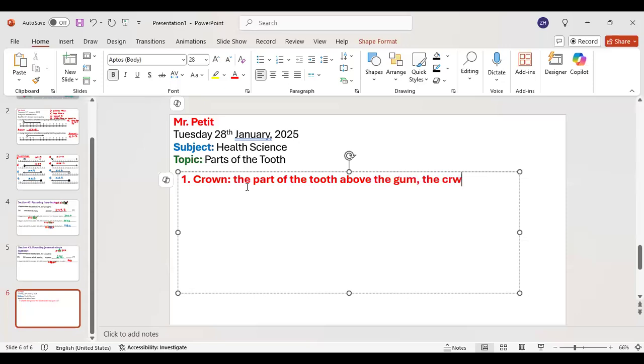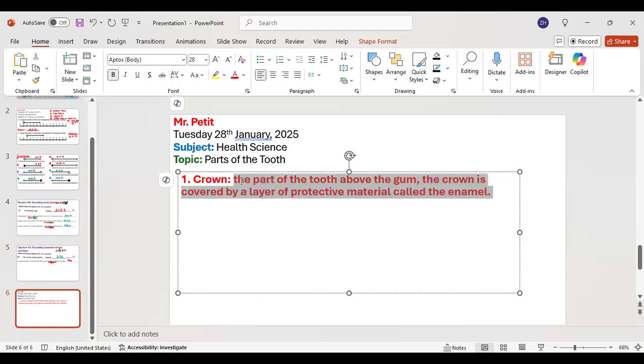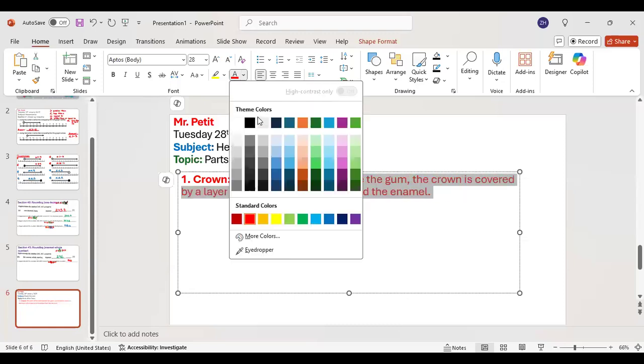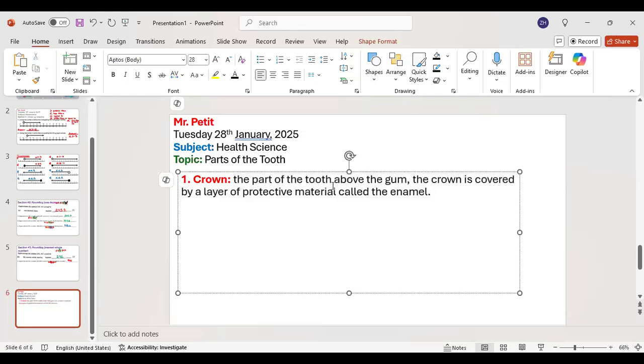The crown is covered by a layer of protective material called the enamel. So this is the part of the tooth that is above the gum, right? And obviously, the gum is the pink part. So the crown is the part of the tooth that is above the gum, and it's protected by a protective material called the enamel.